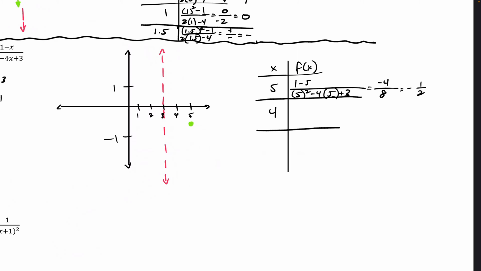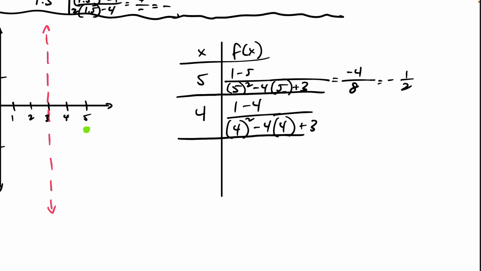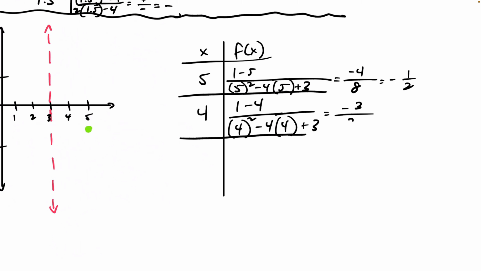Now let's plug in 4. 1 minus 4, and then I have 4 squared minus 4 times 4 plus 3. So I get negative 3 on top. 4 squared minus 4 times 4, that's 0, because 4 squared is 16 and 4 times 4 is 16, so you're just 16 minus 16, and then you get 3. Negative 3 divided by 3 is negative 1.